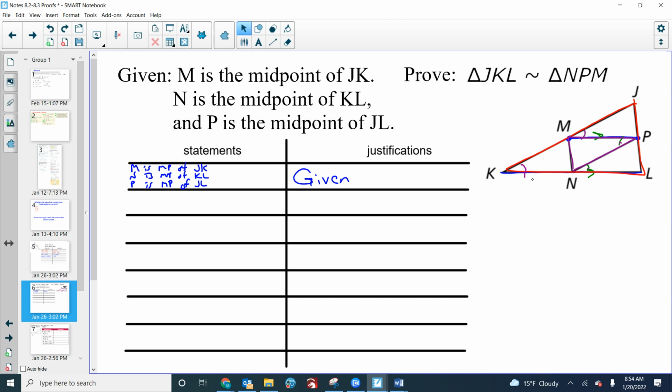Couldn't you use the alternate interior angles, but then also say PNL is congruent to... Hold on one second. Let me get rid of these ones so we're not confusing the picture too much. Okay, go ahead.